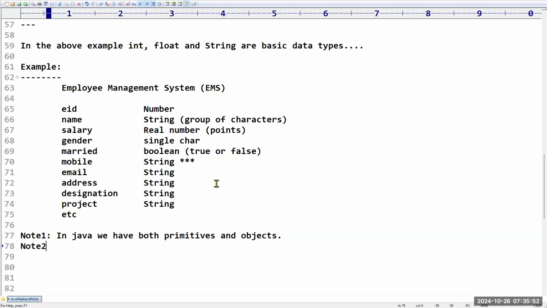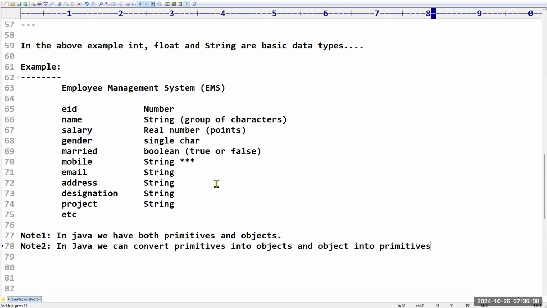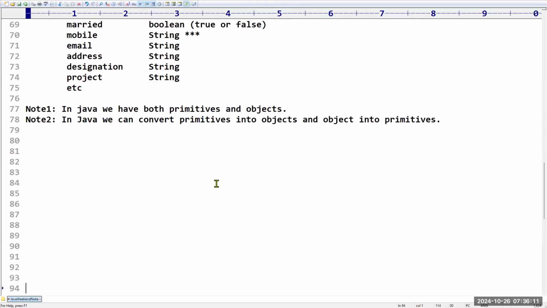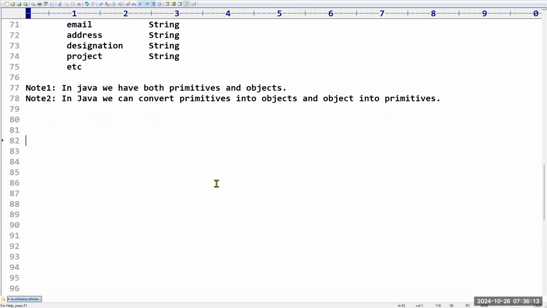Sir, what about the second note? The second note is, in Java, we can convert primitives into objects, and objects into primitives. We have both options.